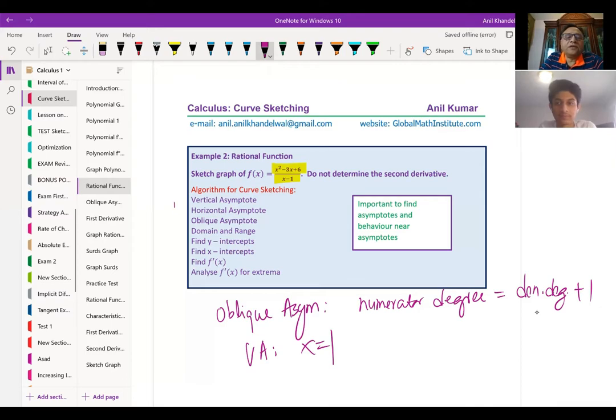So the algorithm is right there before you. You have to begin with the vertical asymptote, which is there. Horizontal asymptote is not there, but we have an oblique asymptote. Can horizontal and oblique asymptotes exist at the same time? No, sir, they cannot. Because for a horizontal asymptote, the degree of the numerator cannot be greater than the degree of the denominator.